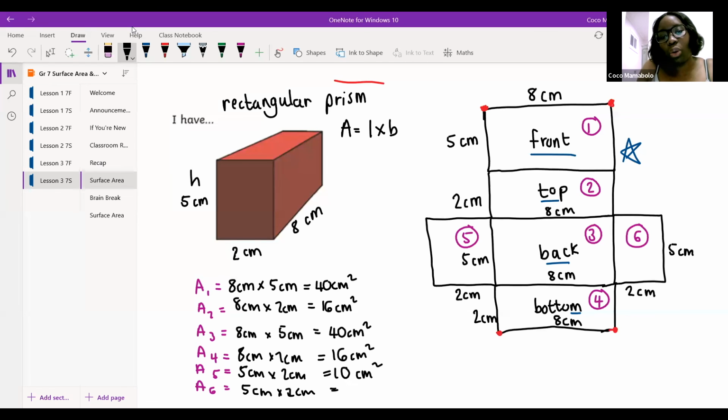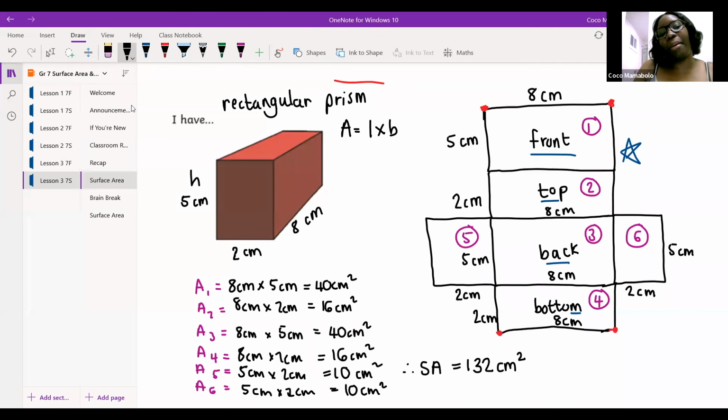Now, if we add all of these up together, my total surface area is equal to 132 centimeters squared. Now I need from you a thumbs up or thumbs down. Are we okay with the idea of surface area of a rectangular, I almost said triangular, a rectangular prism?